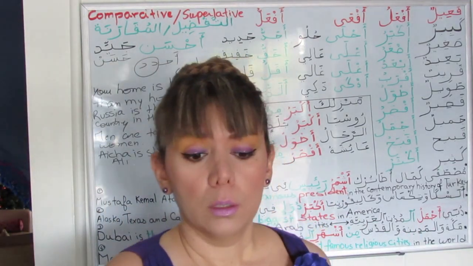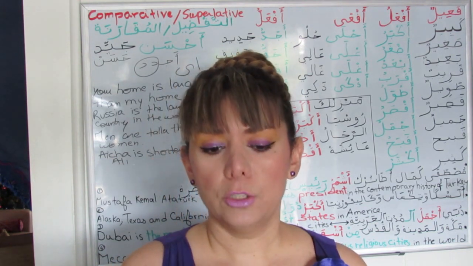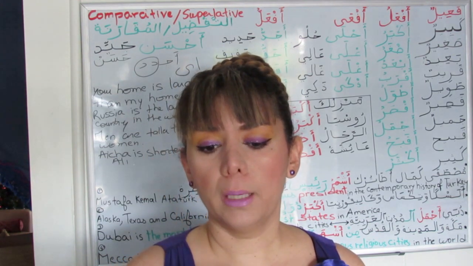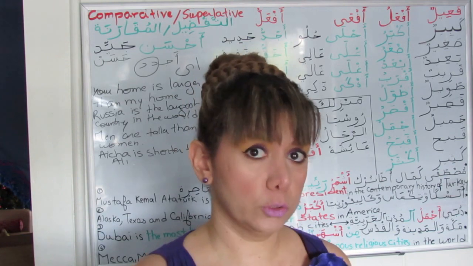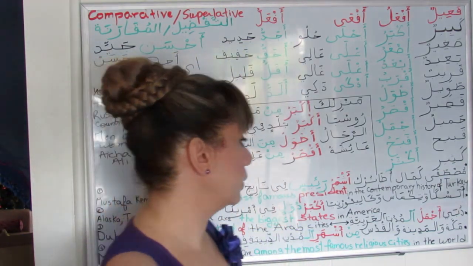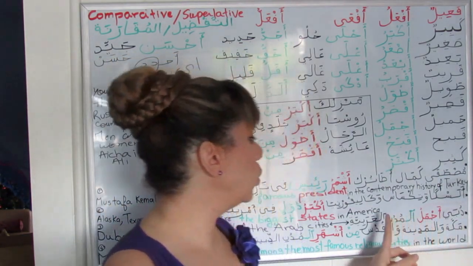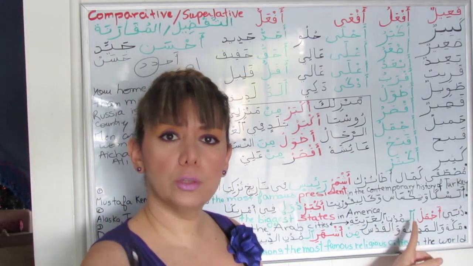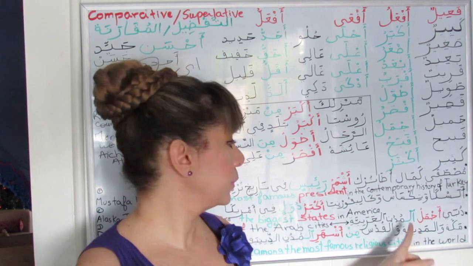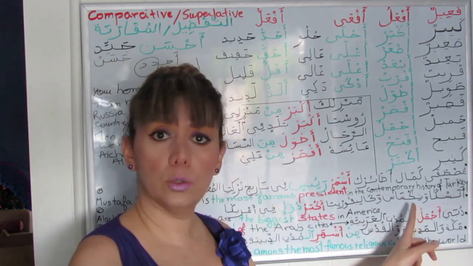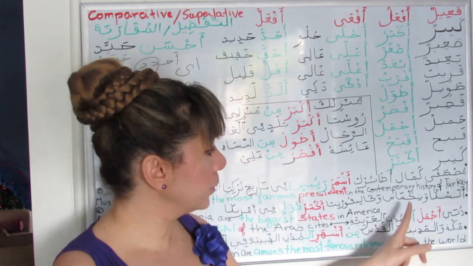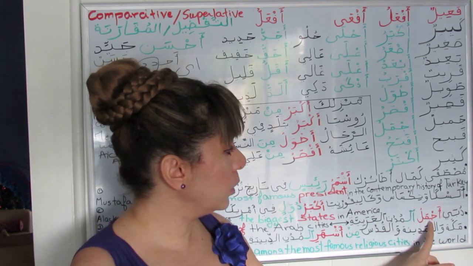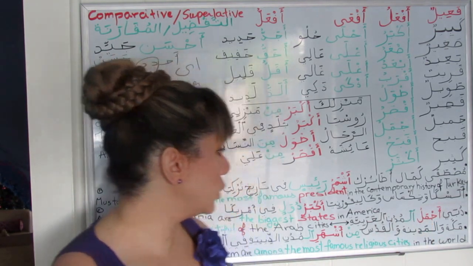So you can use the relative adjective followed by a definite plural noun also. For example, Dubai أجمل المدن العربية. Here we used the definite article al with the noun together with the relative adjective.